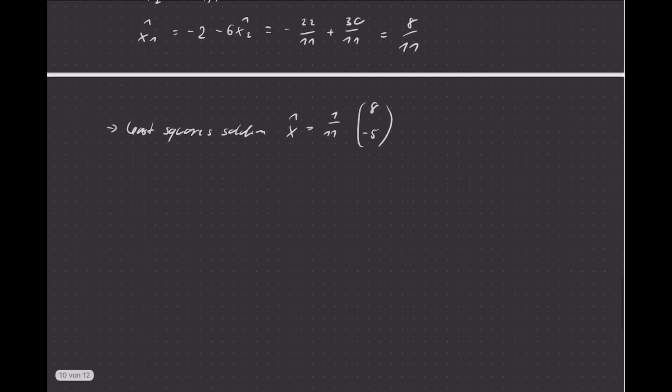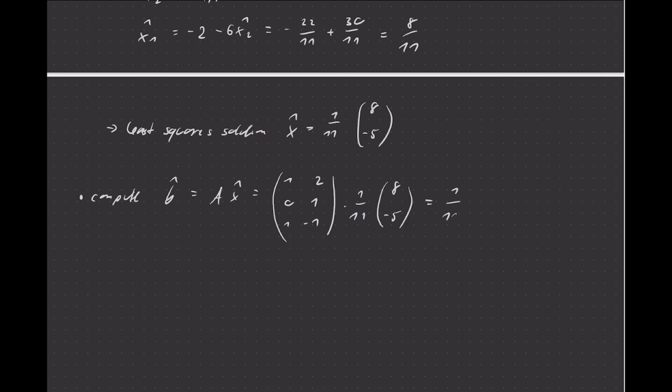And just to complete that, we can also compute the corresponding b hat. That's simply A x hat. So let's write down A again, and multiply this by 1 over 11 times 8, minus 5.